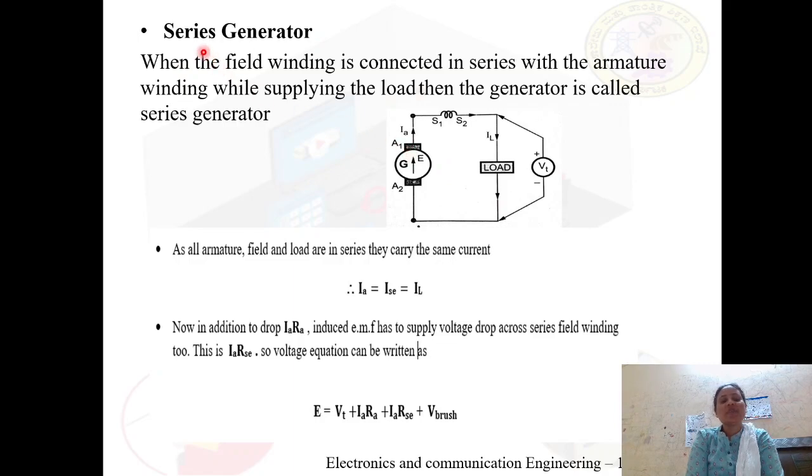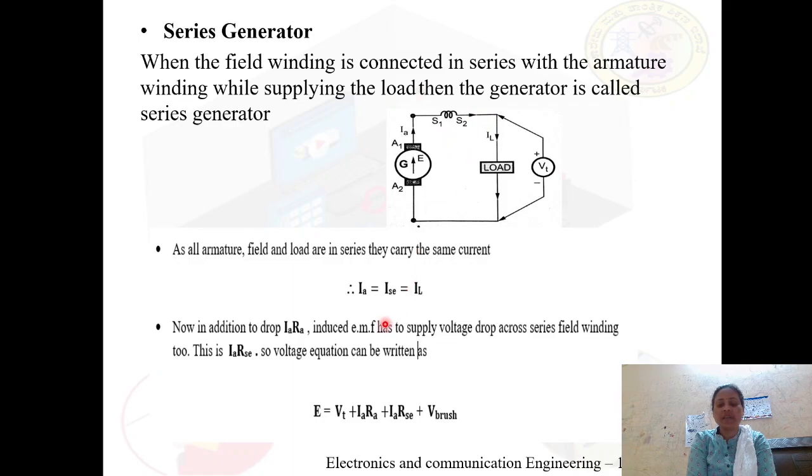Let us move to the series generator. Here the field winding is connected in series with the armature. So this is the structure. This is the armature, and for this the field winding is connected. And for this combination the load is connected. Here the armature current is Ia, and the same current flows through the field, and here Ia is equal to the field current Ise.